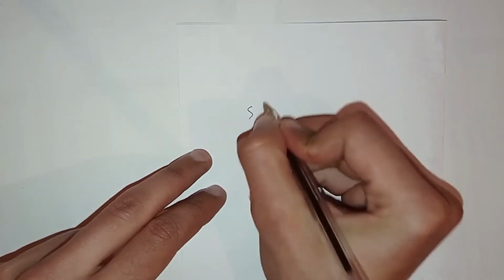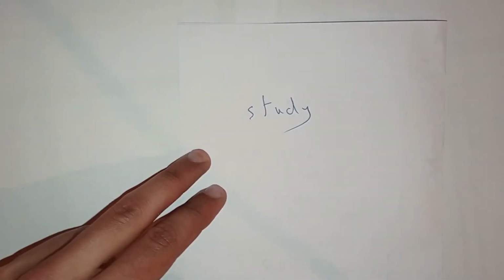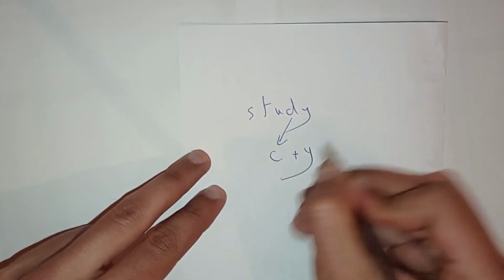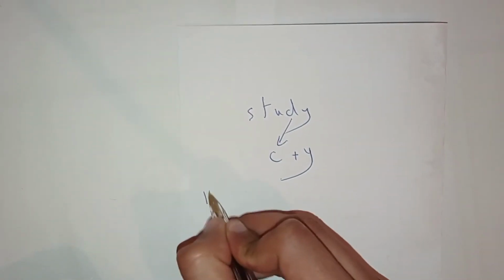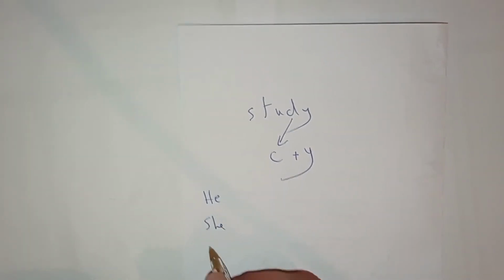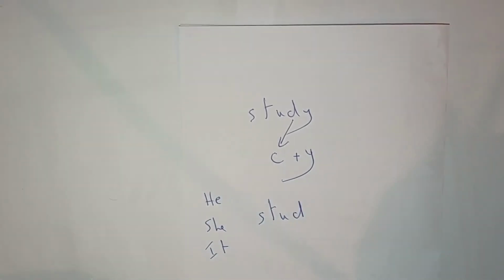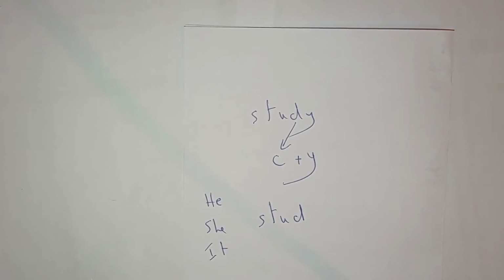Look. Study is the verb. We have here a consonant and we have here Y. In he, she, it, we say studies. What do we do here?